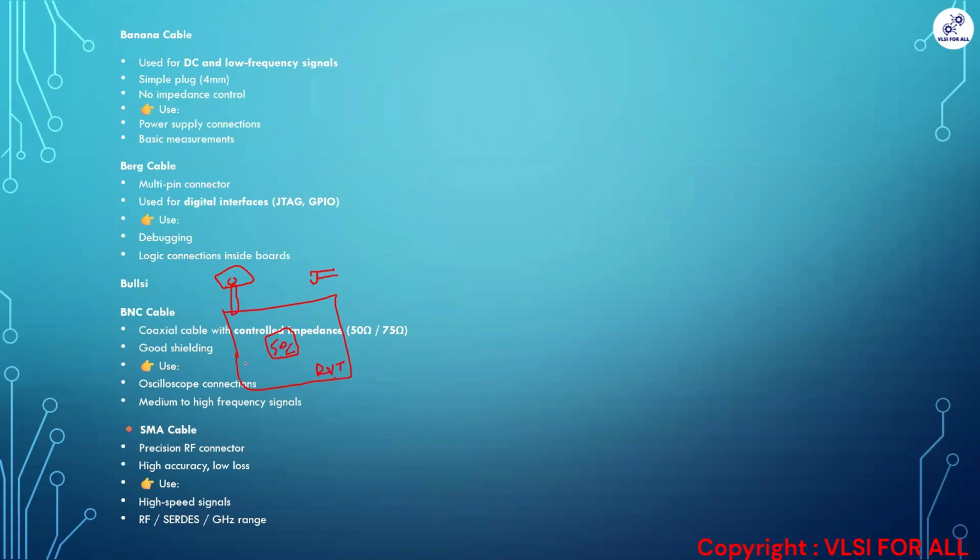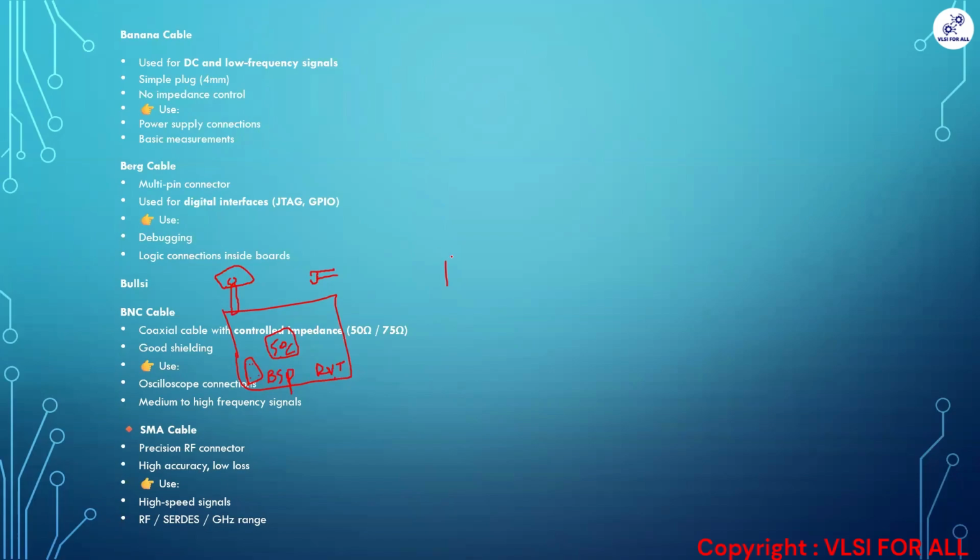Somewhere around here you will be having the bullseye port. The bullseye port will have 8 pins, 1, 2, like that, side by side. So bullseye is for high speed, right?